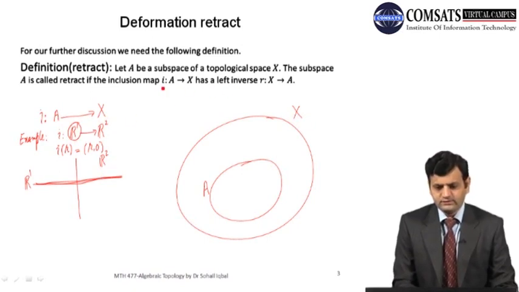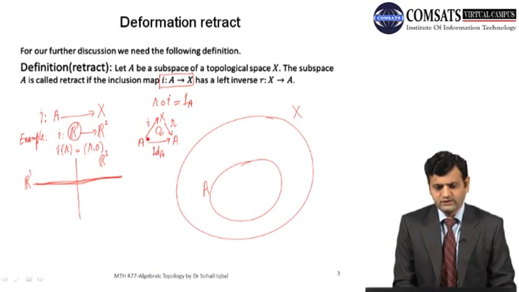So we have this map and it has left inverse. So left inverse means that the following condition holds. So R composition I is basically identity of A. In other words, we can say that we have A to A as the identity map, identity of A, and this A is embedded into the space X, so this is the I map, and we have this map R. And this expression means that this diagram is commutative.